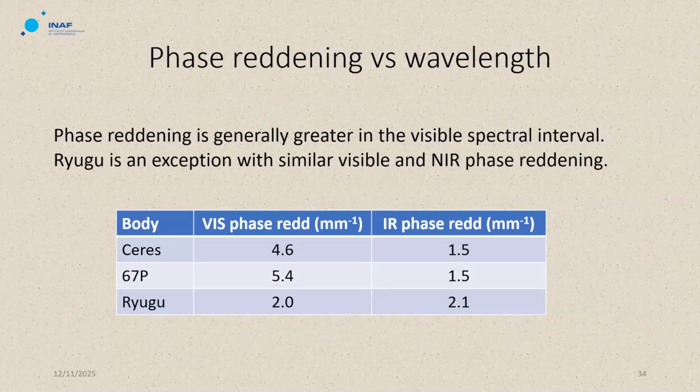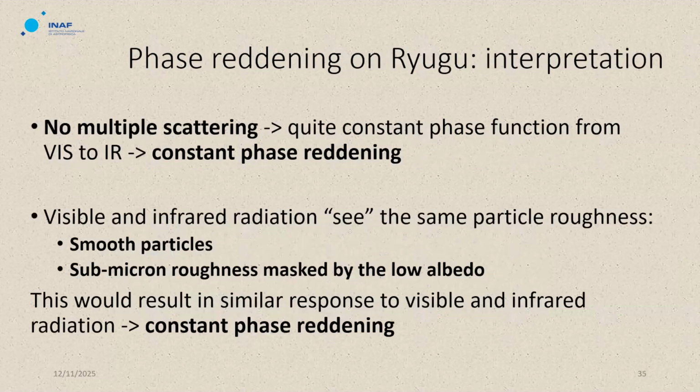We have 2 possible explanations: an optical explanation and a physical explanation. The optical explanation is the absence of multiple scattering, so we have a constant phase function from visible to infrared. Basically, the reflectance does not change between the 2 spectral ranges, and also the phase reddening is the same because the reflectance is the same.